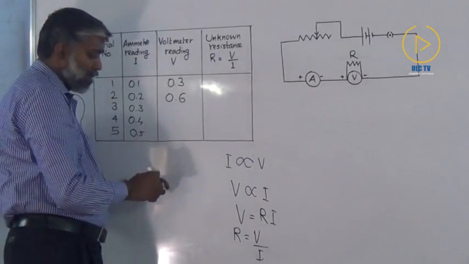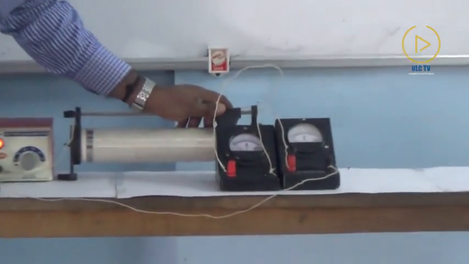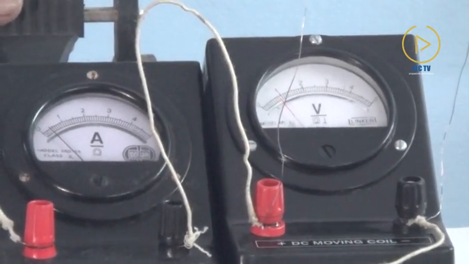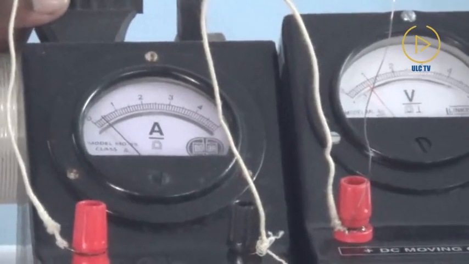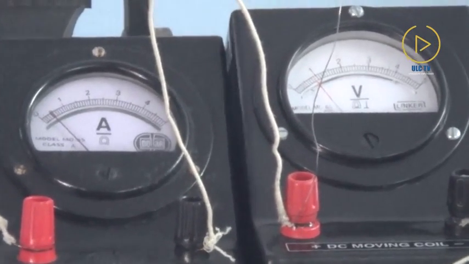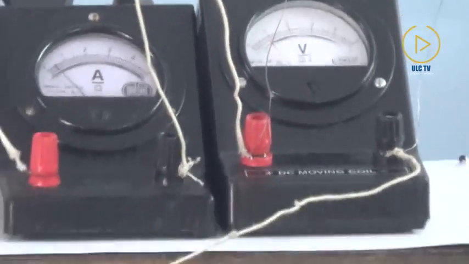So when the ammeter reading is 0.2, the reading in the voltmeter is 0.6. Again I am adjusting the rheostat. The ammeter reading is 0.3. There we are getting 0.8.